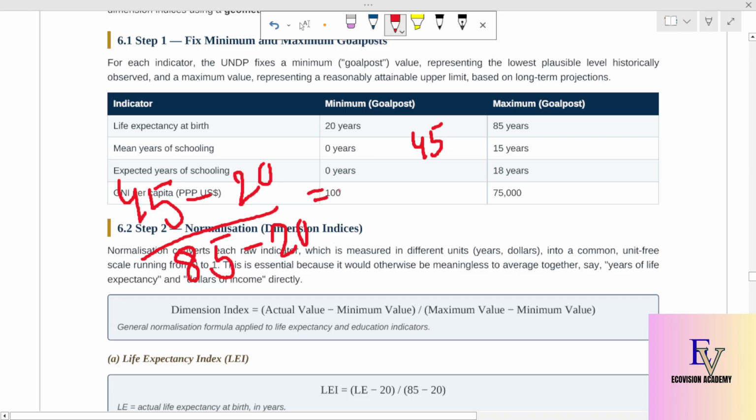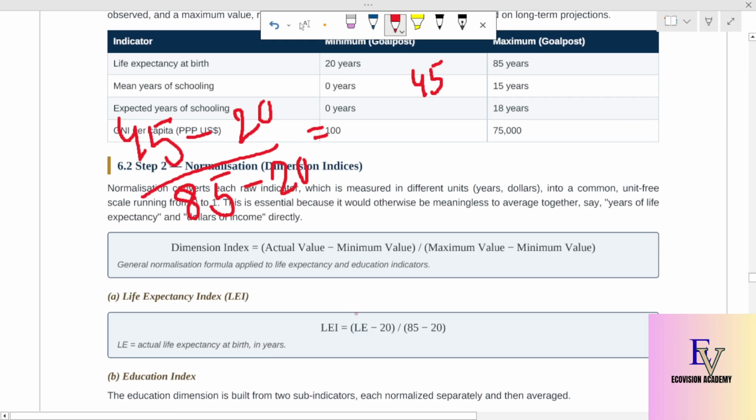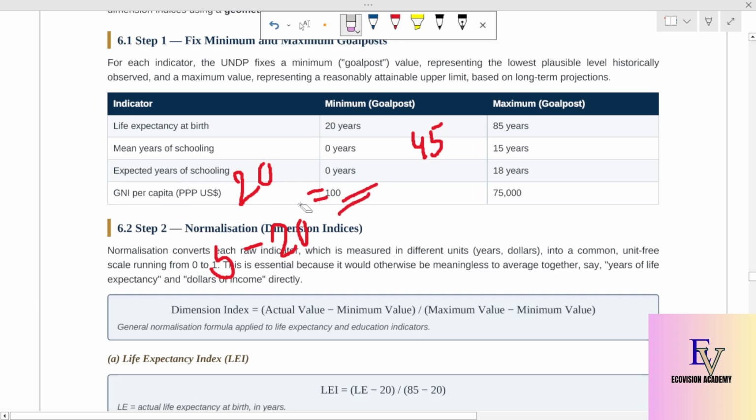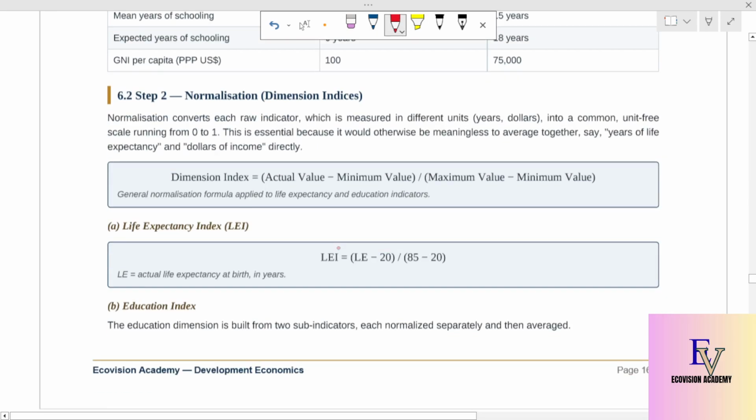So whenever we are having any kind of life expectancy data, we are just normalizing them, and the process of normalization is actual value minus minimum value divided by maximum value minus minimum value, and we will get something. So this will be our life expectancy at birth index. Okay. So if a person is having a life expectancy of 45 years.